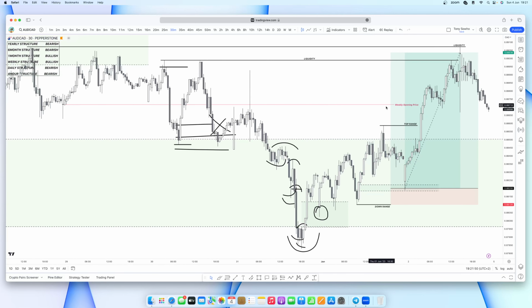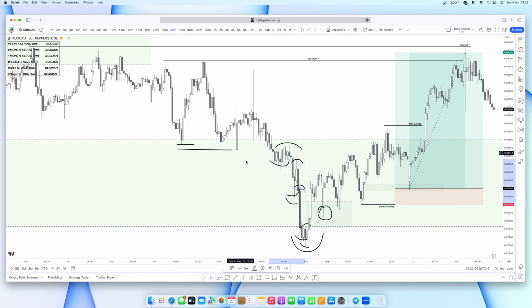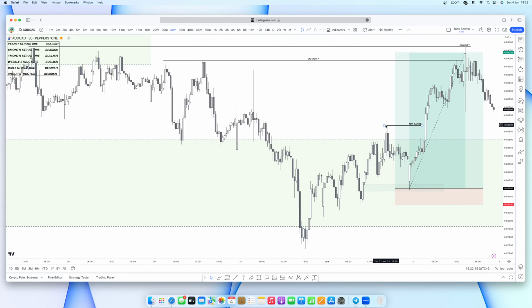We don't need this weekly opening price again. Let me delete all of this quickly. Even this, we don't need this, and we don't need this anymore.